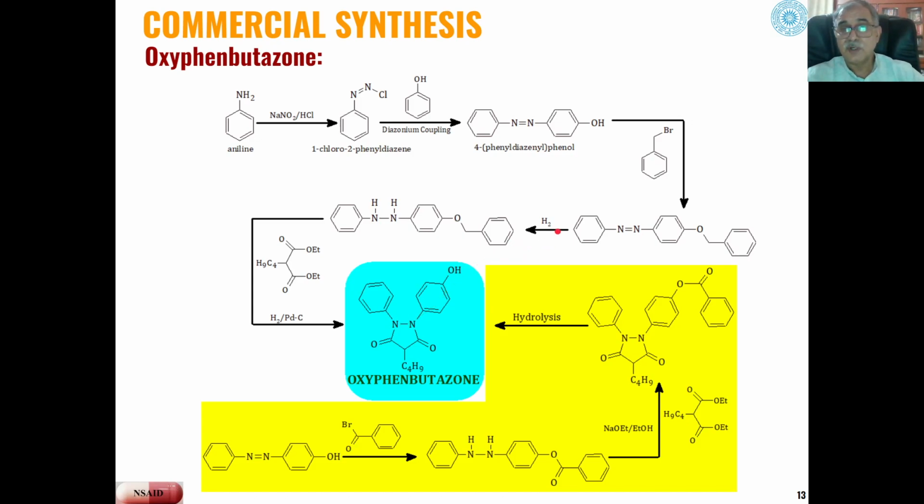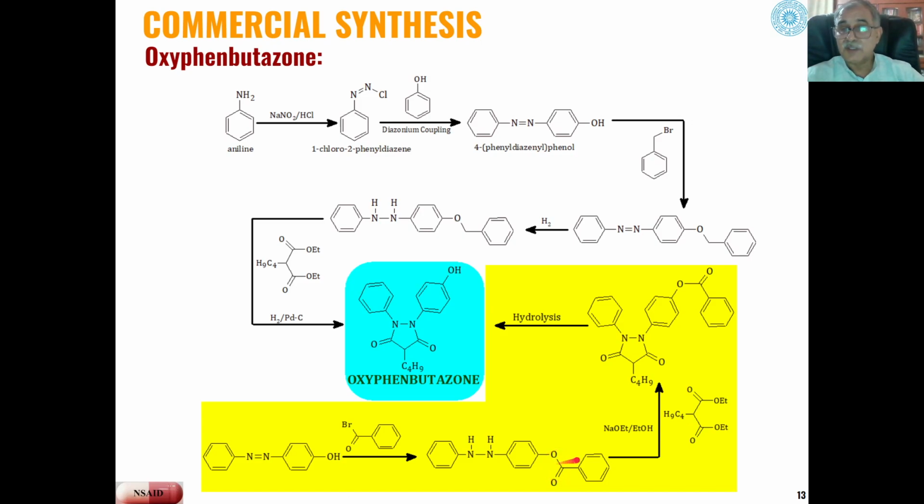So reduction will lead to formation of this, and then this will undergo condensation reaction with this diester and oxyphenbutazone will be formed. Similarly, another method is that we can start with this compound. You react with benzoyl chloride, you will get this type of ester derivative.